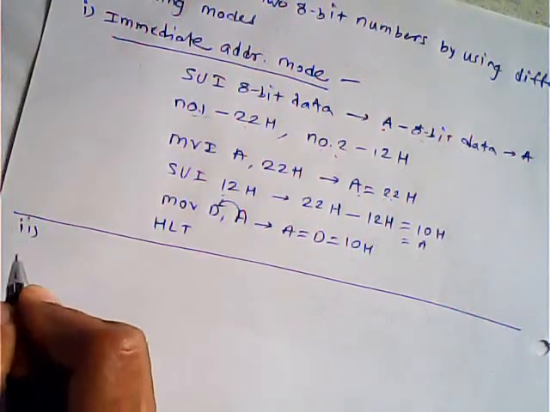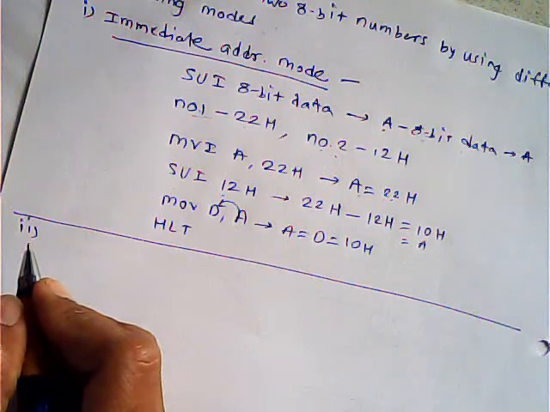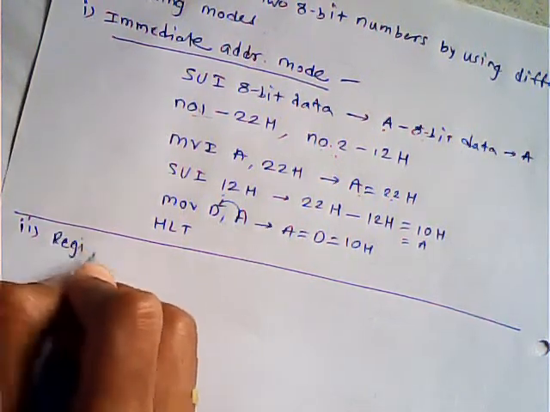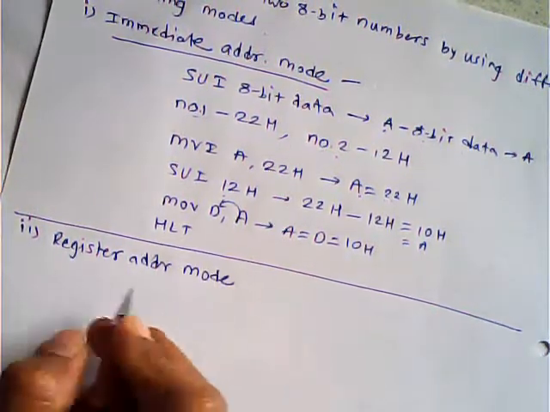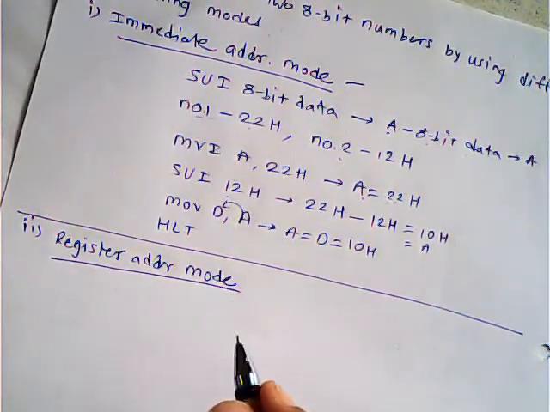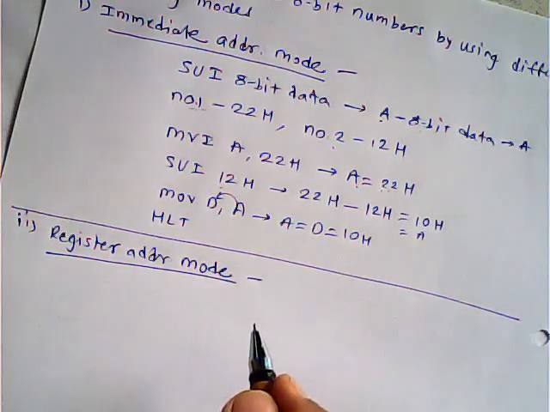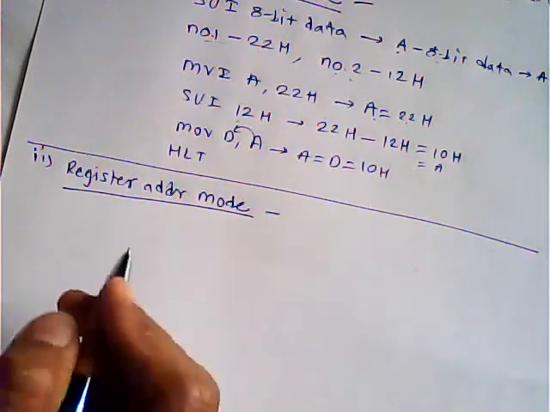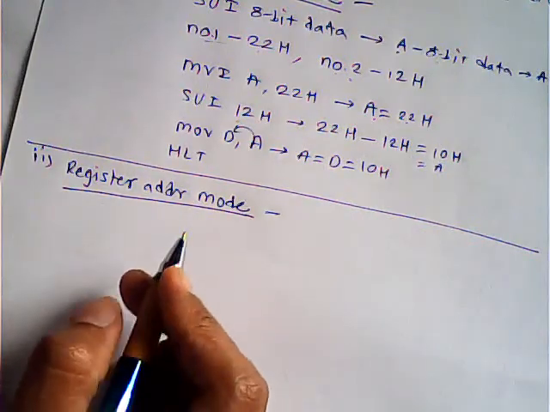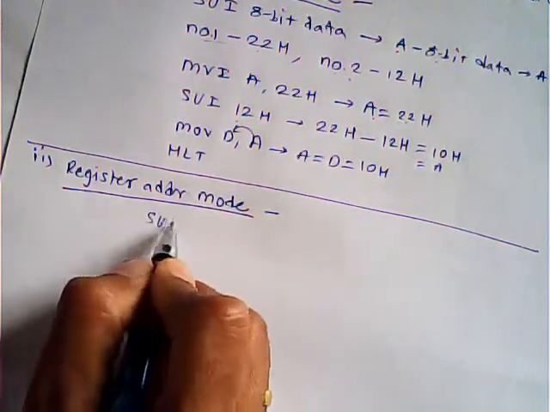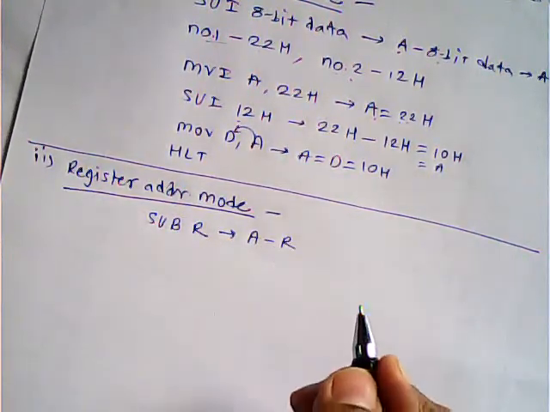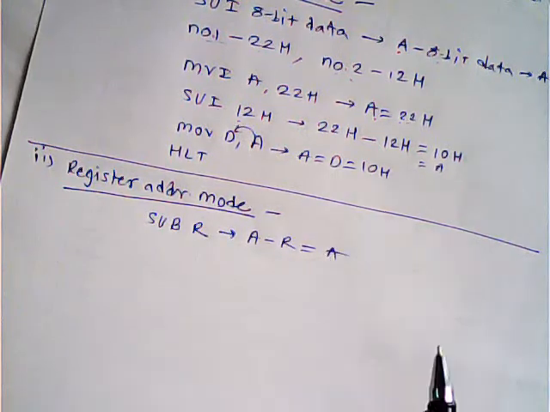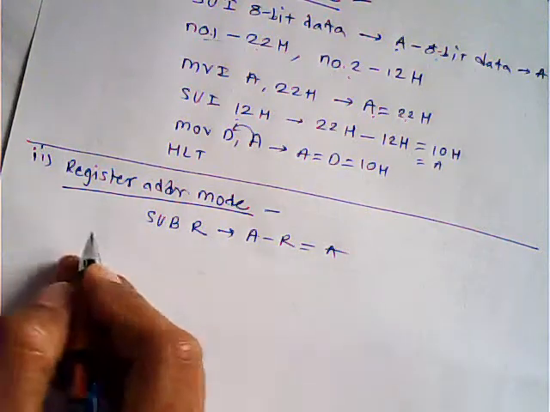The second program is for the subtraction of two 8-bit numbers by using register addressing mode. Under this register addressing mode, we have the instruction SUB R. Its operation is A minus the specified register, with the result in the accumulator.